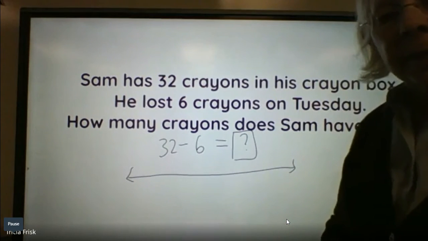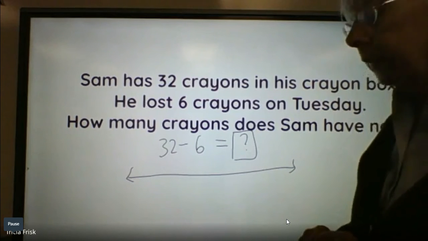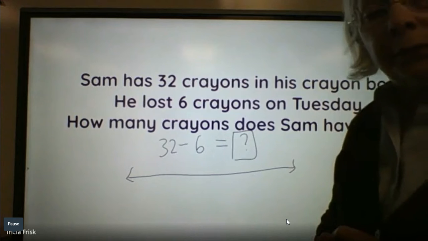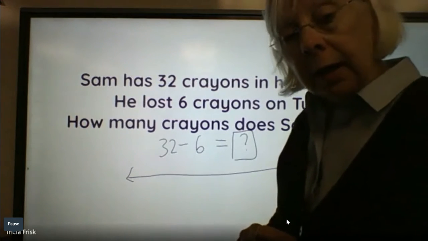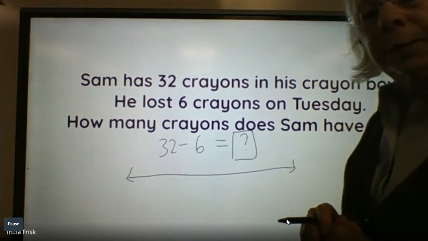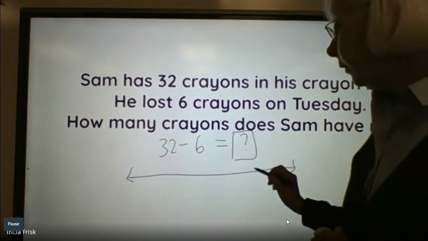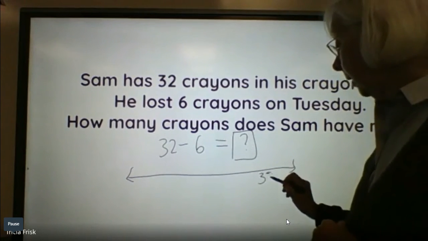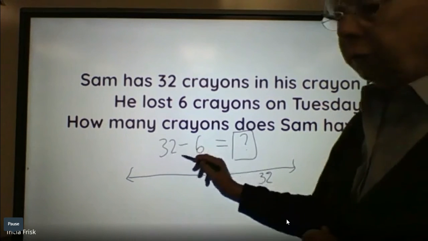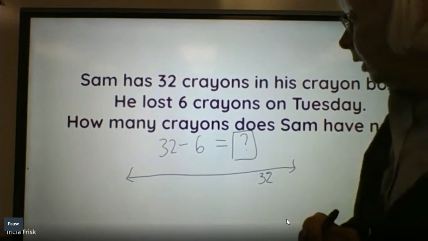It might be an empty number line with no numbers on it. Then we're going to go ahead and add the numbers that we need to subtract. So if I'm going to subtract 6 from 32, I know that I need to start on the right side because 32 is larger and I need to go back to subtract.